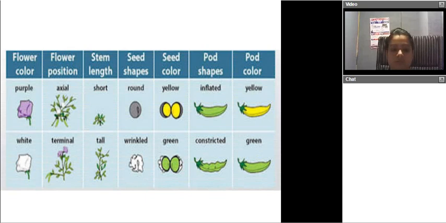Okay, this is the flower color, purple or white, the flower position, terminal or axial, stem length, short or tall, seed shape, round or wrinkled, seed color, yellow or green, pod shape, inflated or constricted, and pod color, that may be yellow or green.